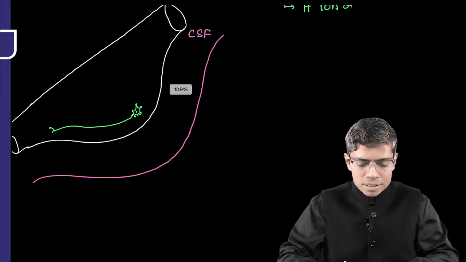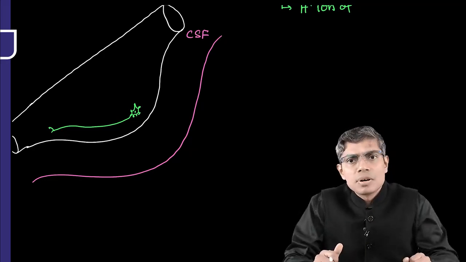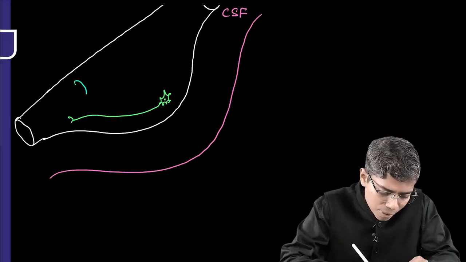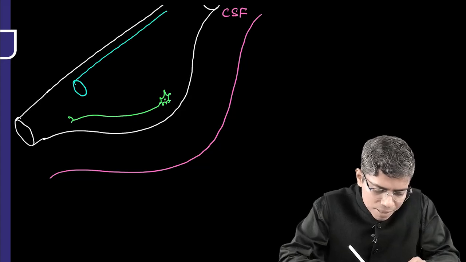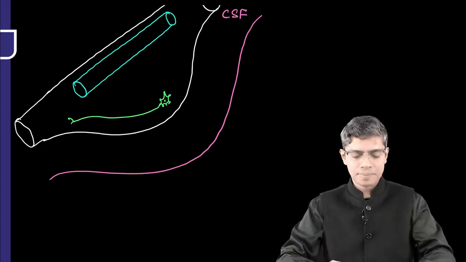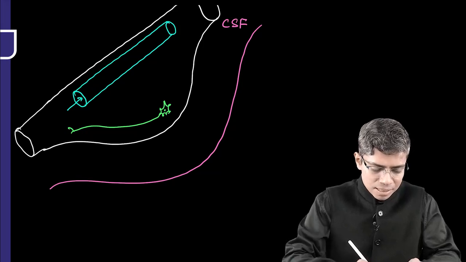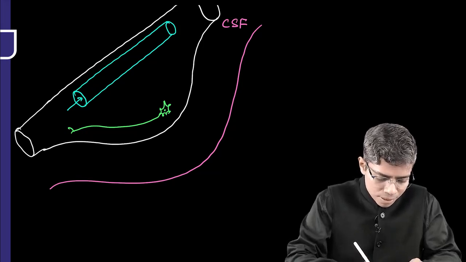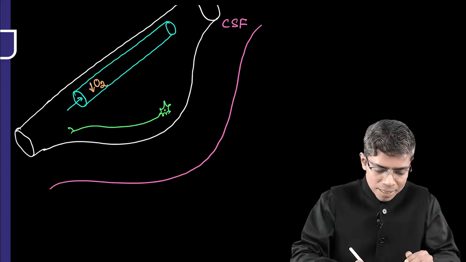Now the question is, why is hypoxia not a stimulus for this neuron? Suppose this is a capillary at the level of CNS. Suppose there is decreased oxygen concentration at the level of this capillary, so there is hypoxia at the level of this brain capillary.